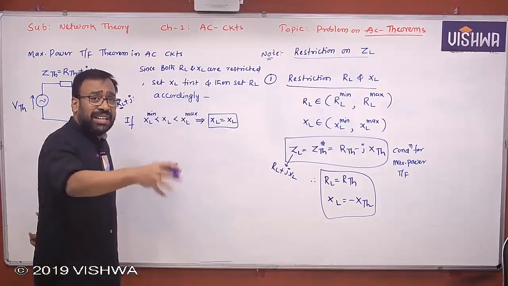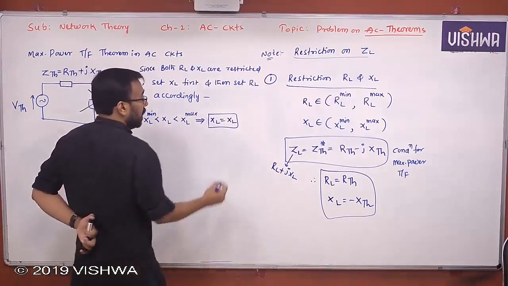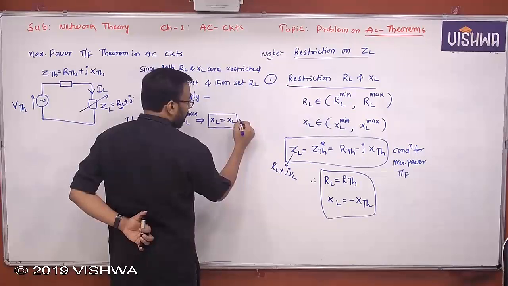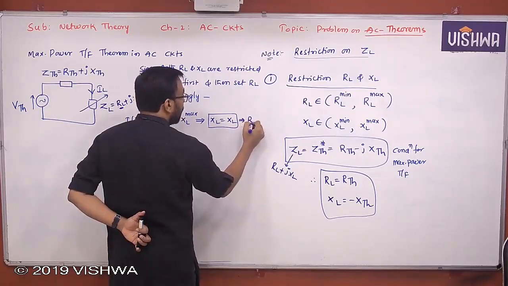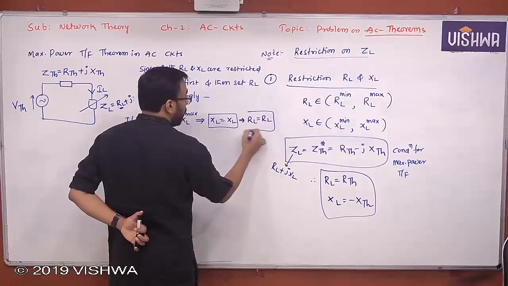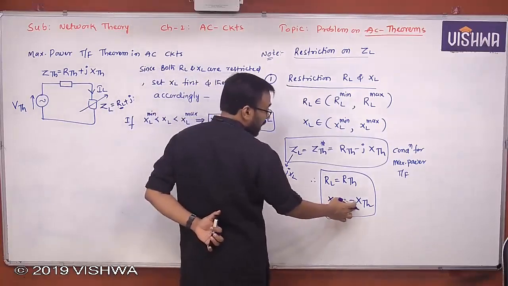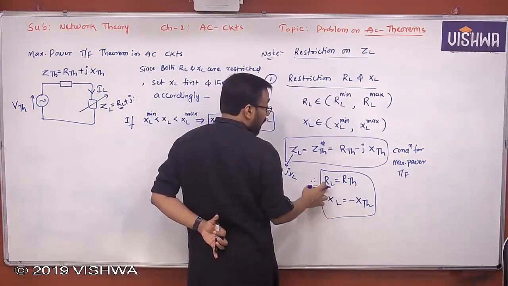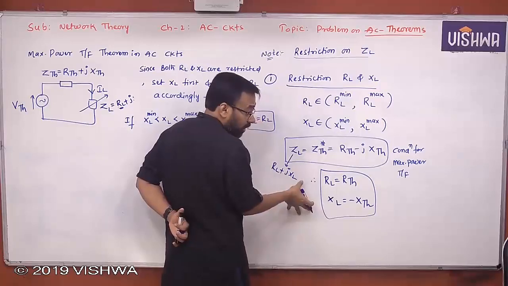Then I take that value as it is, and from this I'll get RL also remaining RL only, because when XL is minus XTH, then RL is RTH. That is the exact meaning of it.